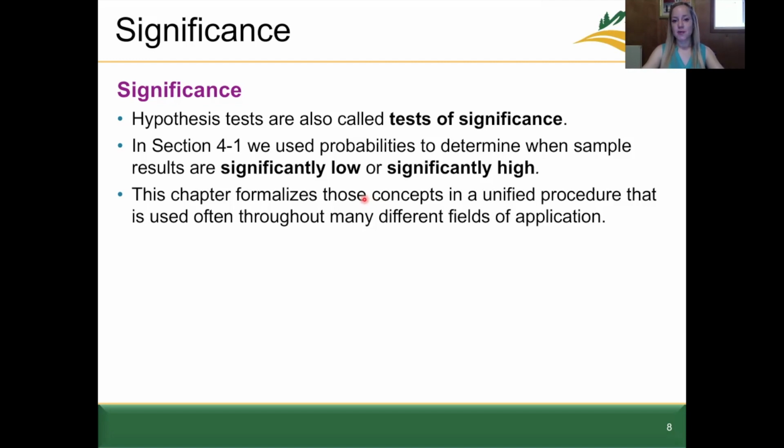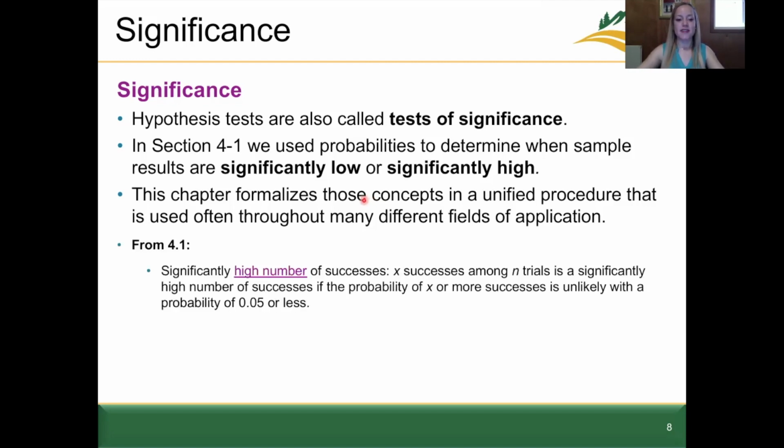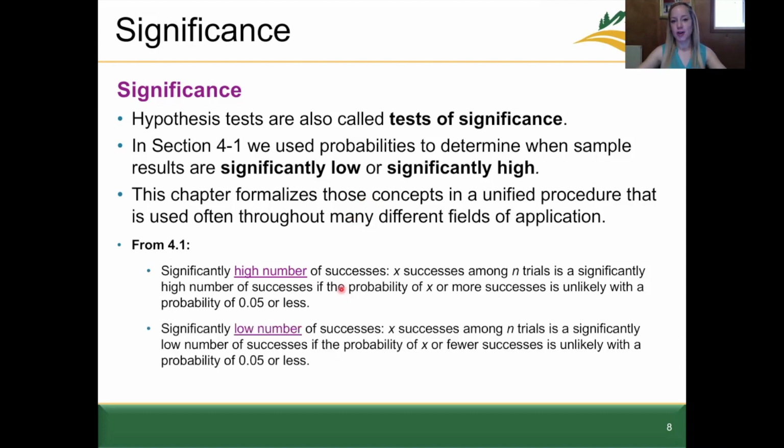As a refresher of what we've seen before in 4.1, we did see this idea of a significantly high number of successes and a significantly low number of successes. In order to look at significance in the past, we found the probability and saw if it's less than or equal to 0.05.